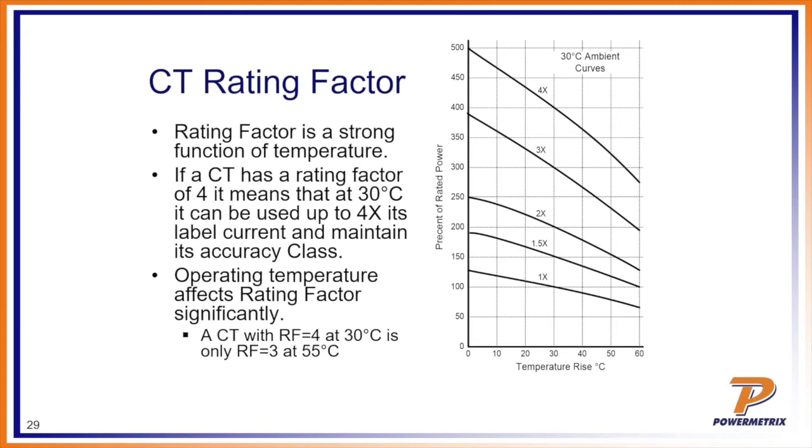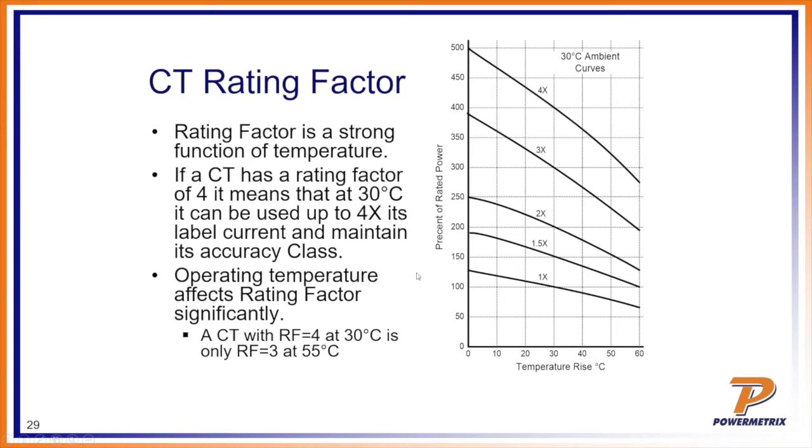However, and I will put this as a however, temperature can affect this. So think about a July day down in Florida in a pad mount. I'm guaranteed my accuracy at 4 times at 30 degrees C. But as my temperature rises, notice that my accuracy decreases as well.